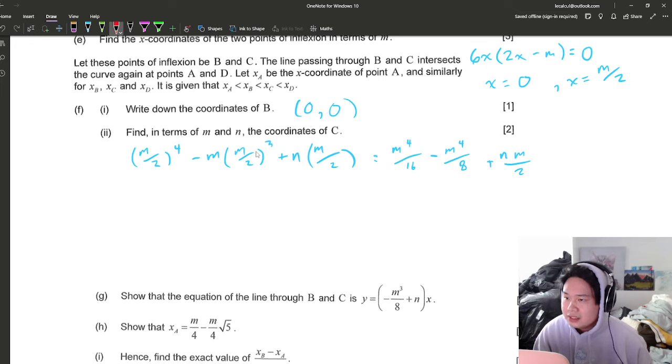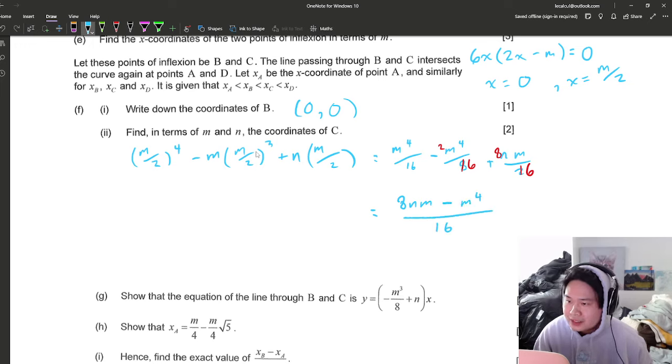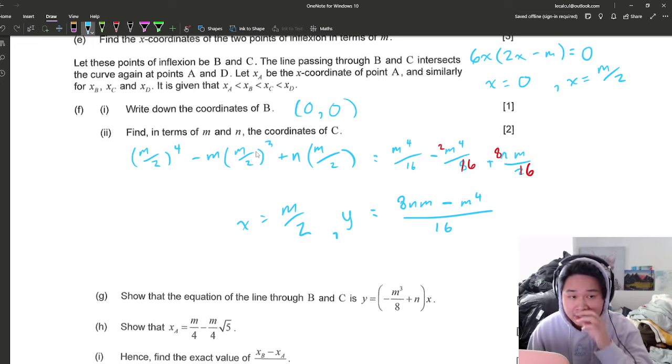So this is 2 over 16. This is 8 over 16. So this becomes 8nm minus m to the power of 4 over 16. This is the y value for an x value of m over 2. Something like that.